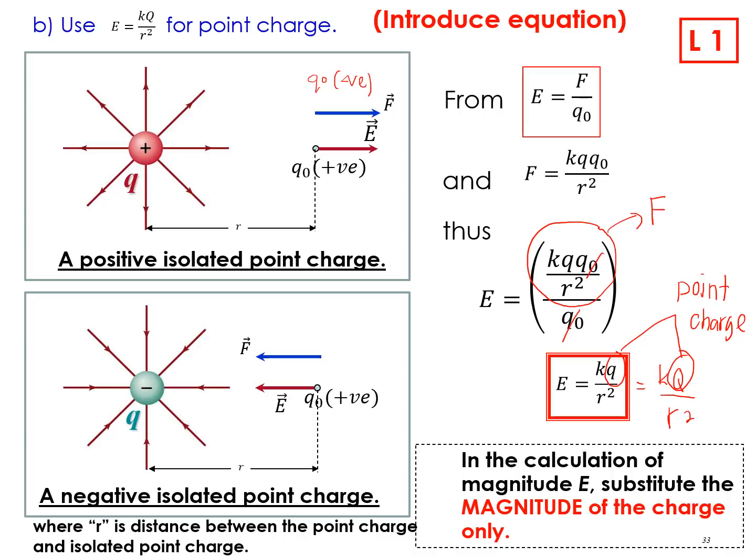Since it depends on the point charge only, and the point charge is positive, even though the test charge is negative, the direction of electric field is also outward.